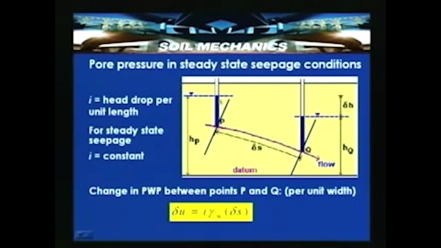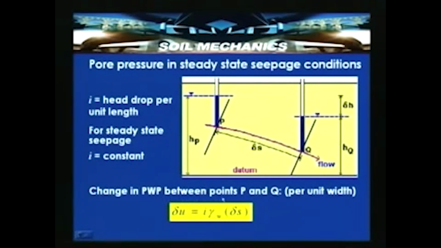Assume that this is a potential line here and a potential line which is approximately drawn, which is orthogonal here, and delta S is the length of the flow line over which the flow is taking place. So, delta H is the head loss, or the drop which has occurred between potential lines passing through points P and Q. That is delta H by delta S, which is nothing but the hydraulic gradient. So, here we can say that for steady state seepage conditions, i is equal to constant.